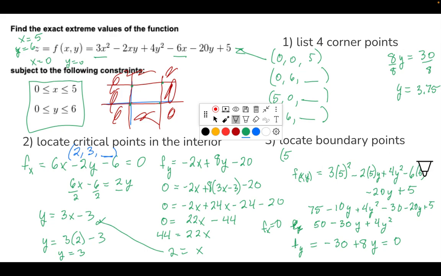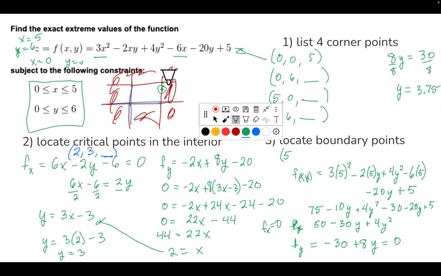So we are on that vertical line. When we're on that vertical line, we find we actually get a critical point at x equals 5, and then y is 3.75. So we're over here. We didn't get all the way up to 6. We're maybe about at this point. That boundary point is taking on either a max or a min for that side. Does that make sense?